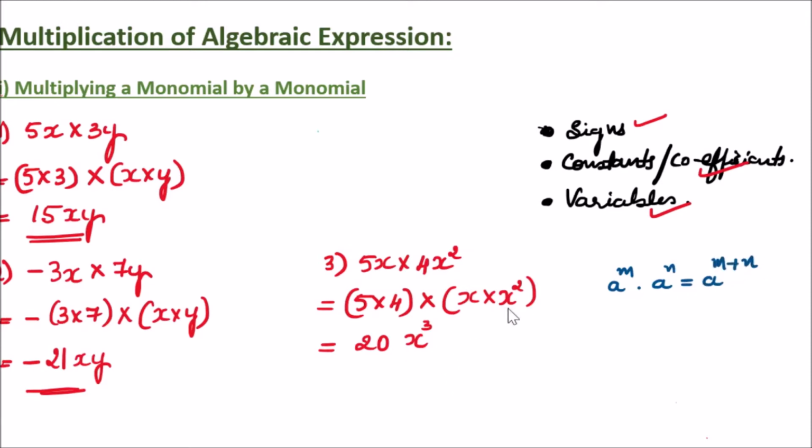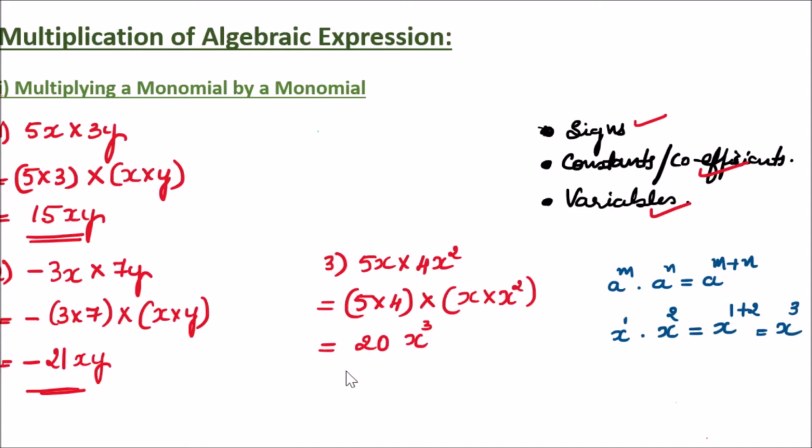In x into x square, the base is the same, and when the base is the same, the exponents, the powers, are added. Here there is no number on the x, which means it is considered to be 1. So it is 1 plus 2, which is x raised to 3.